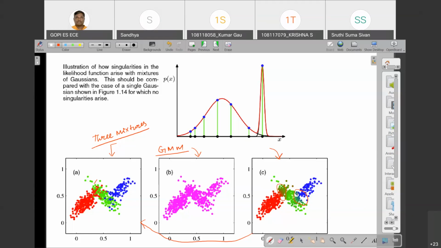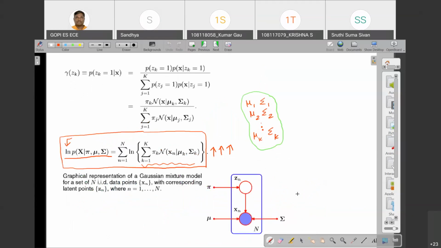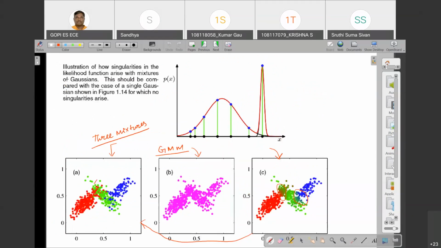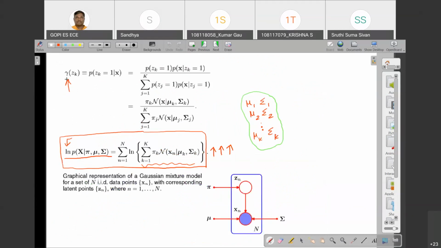So this is the example to understand, right? So as you know that this responsibility factor, this gamma, is actually giving you that shade. Because gamma of zk equal to 1 given x, given vector, what is the probability that zk equal to 1?